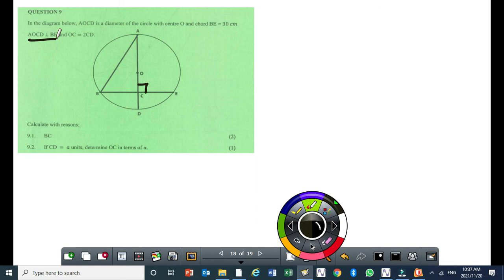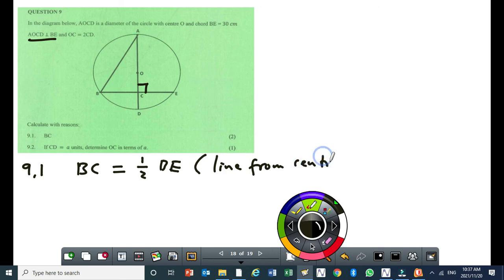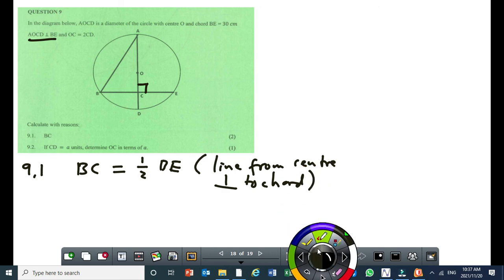Right. Now, to calculate BC, 9.1, BC is equal to half of BE. And the reason here will be line from center perpendicular to chord. That's your reason. Theorem 1. Okay? Once you see the right angle on the diagram, it means you're supposed to use theorem 1.